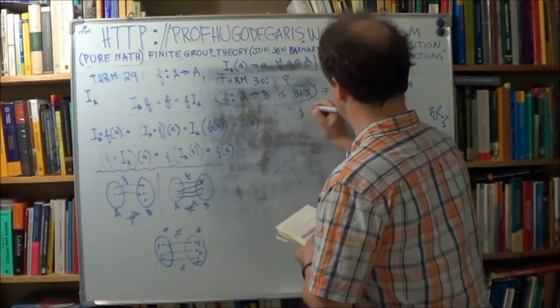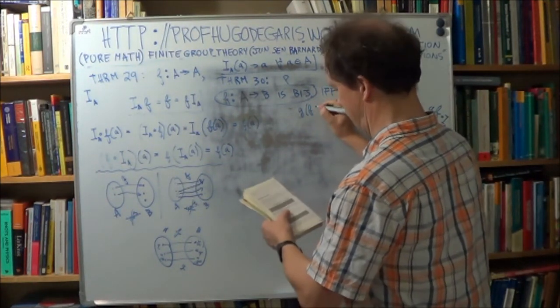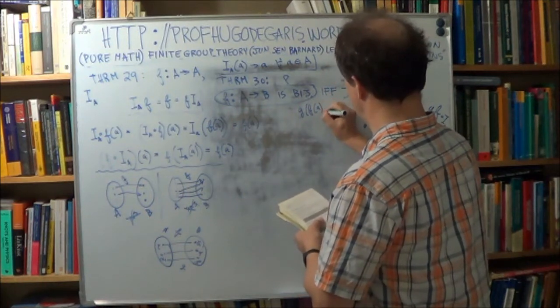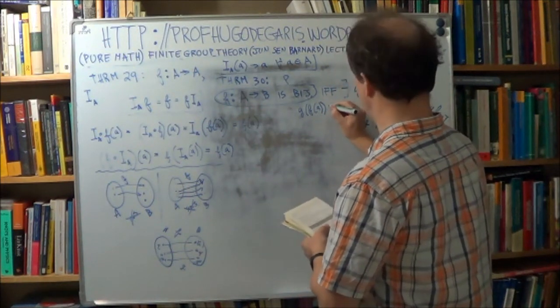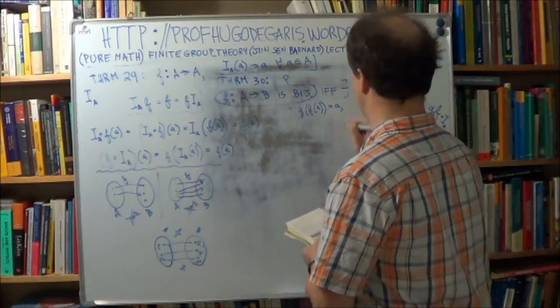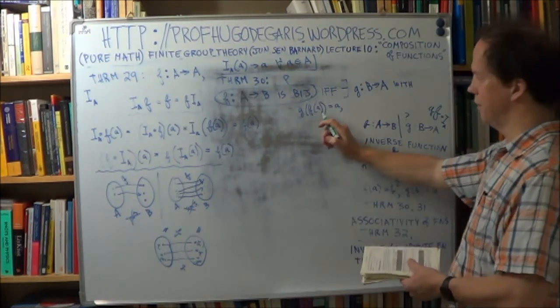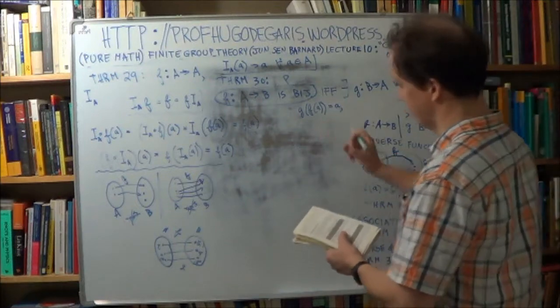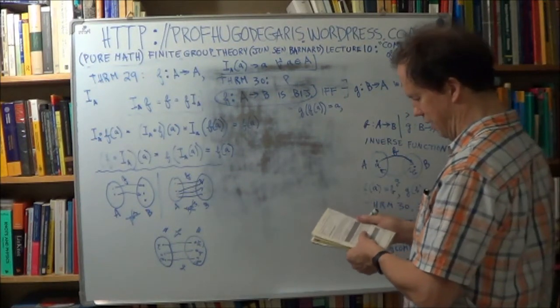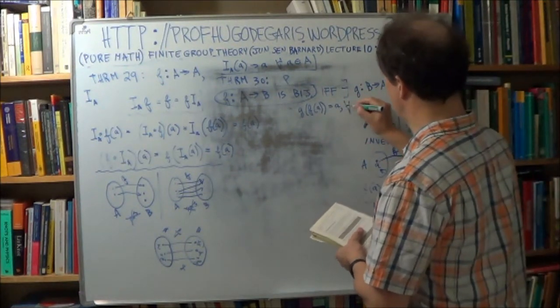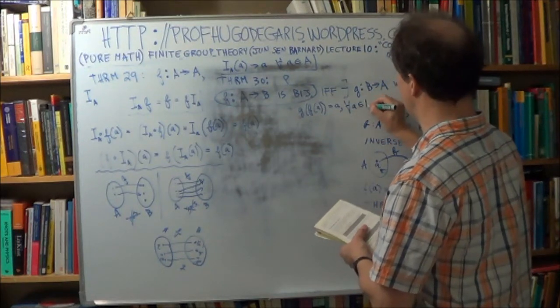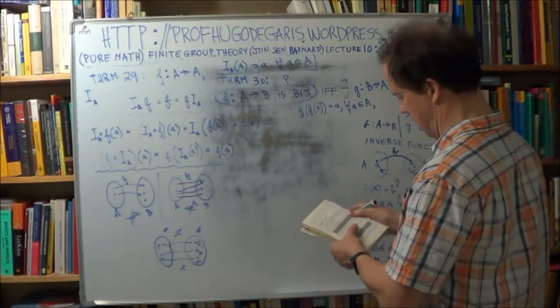That G of F of A equals A. Right, so it cancels. So the G cancels out what the F does, and you just end up with what you started with, which is your little A. And that's true for all members of your set A, right?